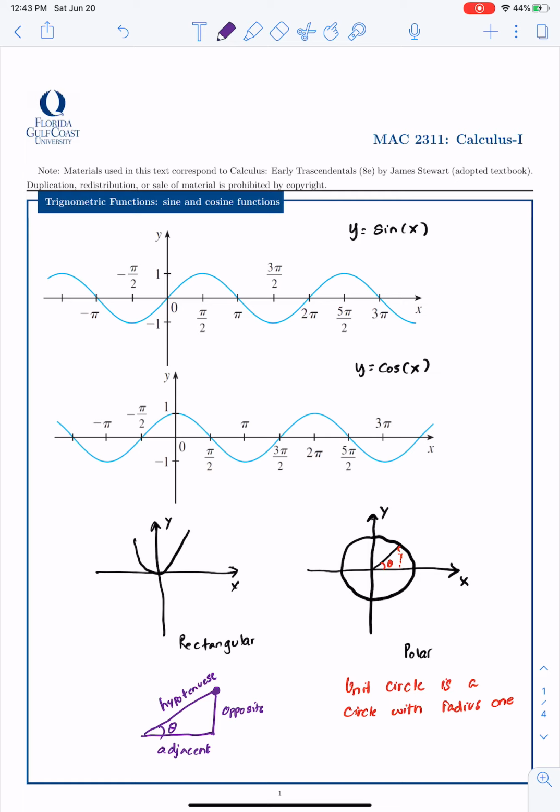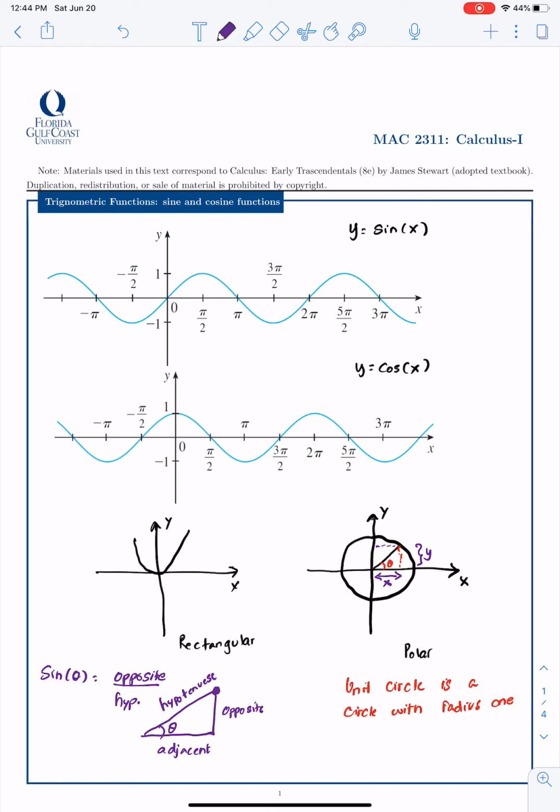So, in the polar coordinate system, the sine of the angle is simply the opposite side's length divided by the hypotenuse. So, if you look at this picture in the unit circle, the vertical line is of length y and the horizontal line is some arbitrary x.